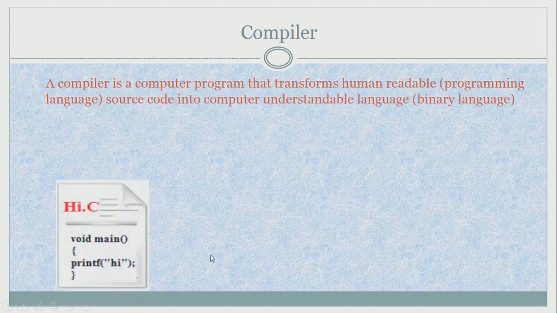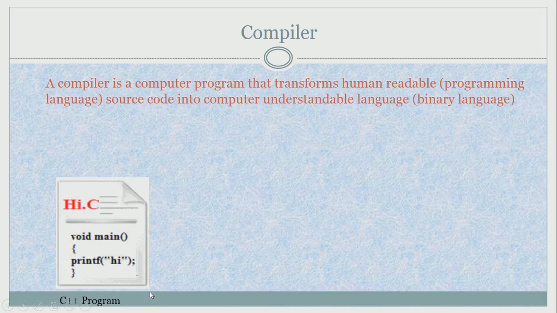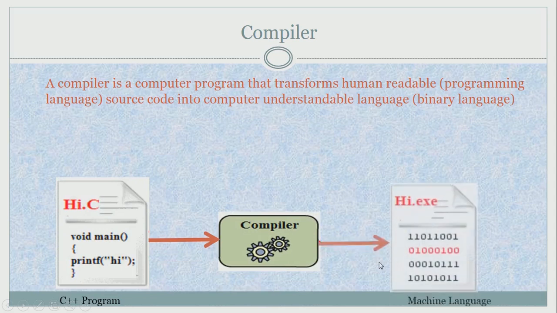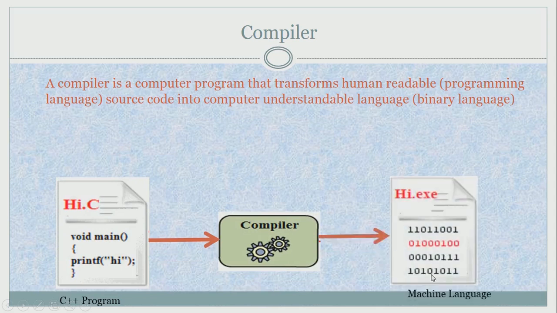So we can see it in the figure. Here we have a C++ program and it is provided to the compiler, and the compiler converts the program to machine language. So this is the binary language in the form of zeros and ones, and the computer can only understand this. What is the compiler actually doing here?